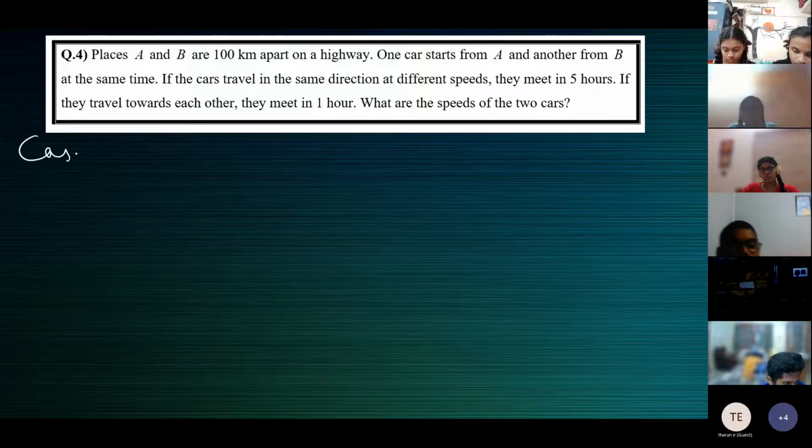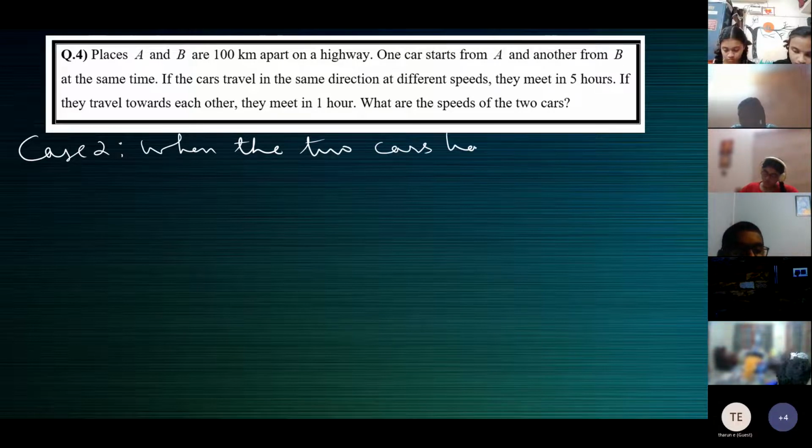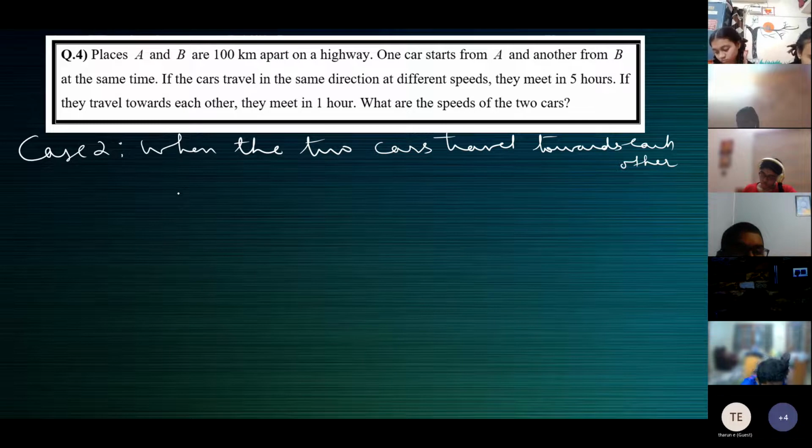Now tell me case 2, children. When the two cars travel towards each other. So that means A, B, this is 100 kilometers.